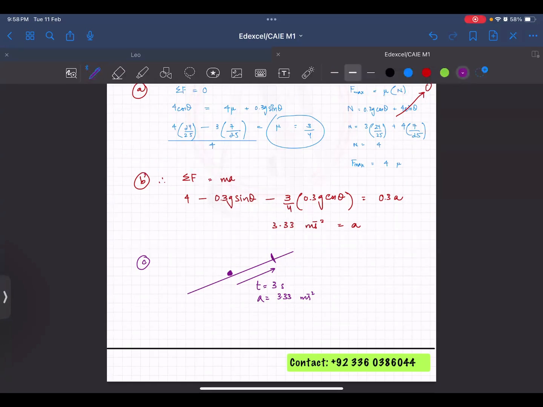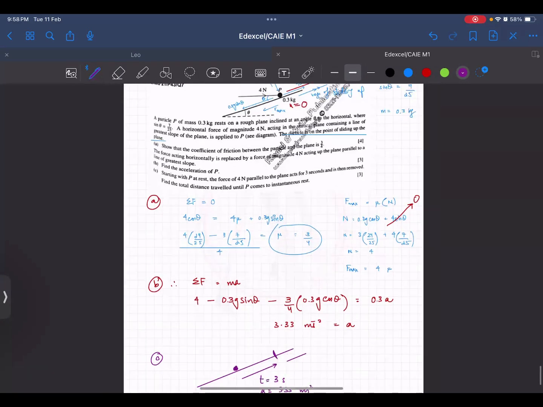Acceleration won't be 0. What would happen after this one? Now the 4 Newton force is removed. What should happen?